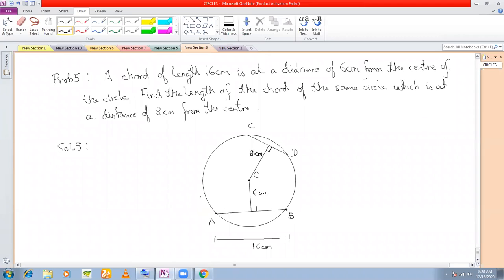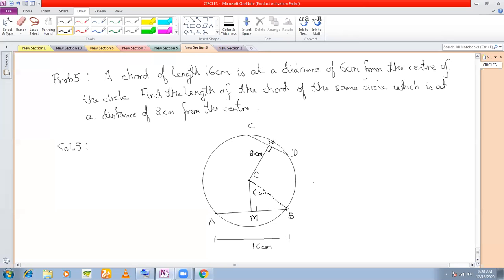So how will you find it? Remember, in this kind of problem, the first thing is we proceed to first find the radius of the circle. Let us call this point M and this point N. We join these two, which form the radii of the circle.